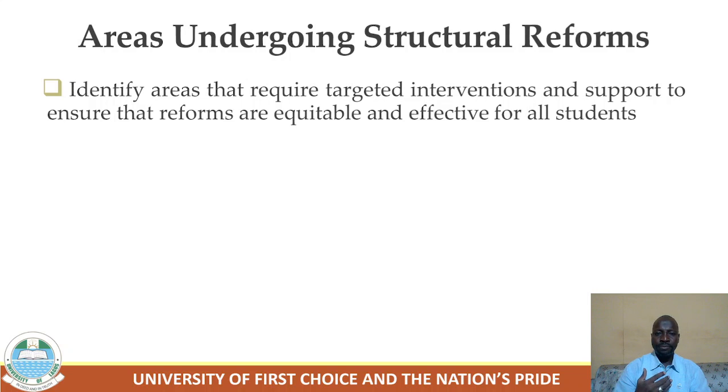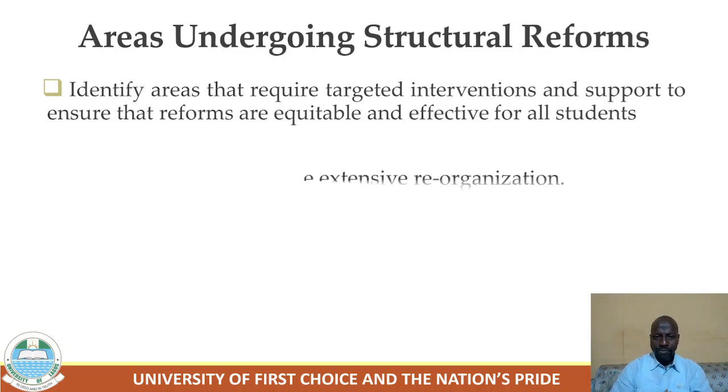And how do we now ensure that the reforms we are talking about are equitable and effective for all students? We can have this assurance when we carry out school mapping exercise, because through it we'll be able to identify areas that may require targeted interventions, special interventions, areas that will need support to ensure that the reforms are equitable and effective for all students.